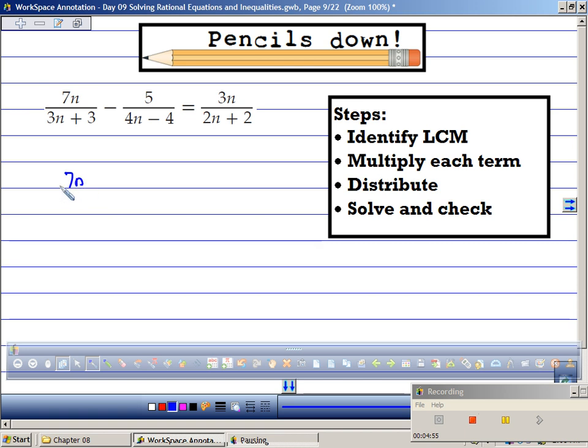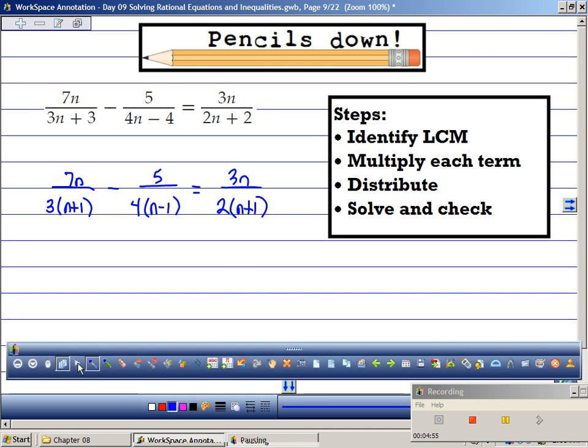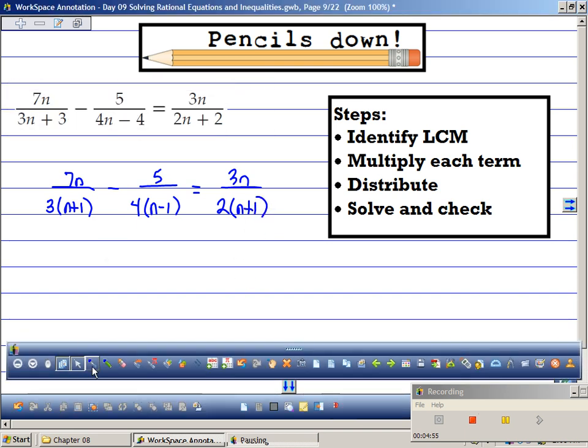So this is 7n over 3 times n plus 1, minus 5 over 4 times n minus 1, equals 3n over 2 times n plus 1. Now we can see the LCM a little bit better.